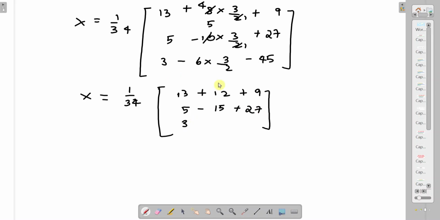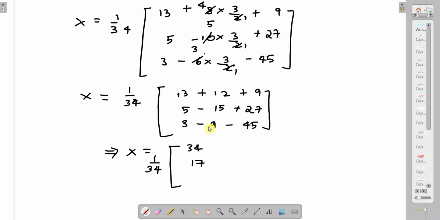Then 3, and 2 times 1 is 2, 2 times 3 is 6, so minus 9, minus 45. So this will imply X is equal to 1 by 34. So 13 plus 12 is 25, plus 9 is 34. 5 minus 15 is minus 10. Minus 10 plus 27 is 17. And 3 minus 9 is minus 6. Minus 6 minus 45 is minus 51.